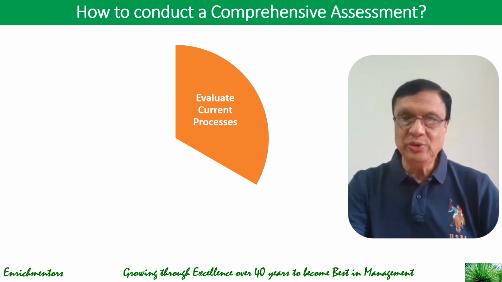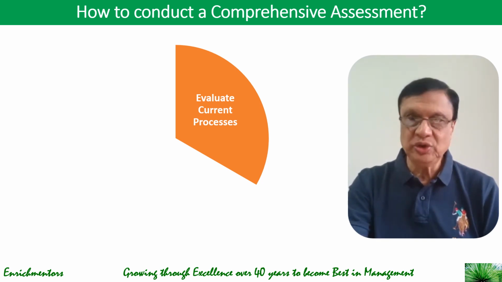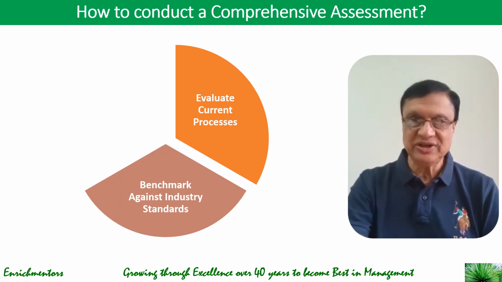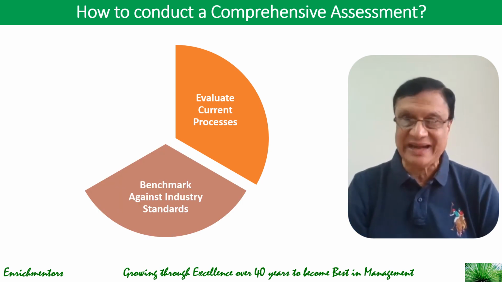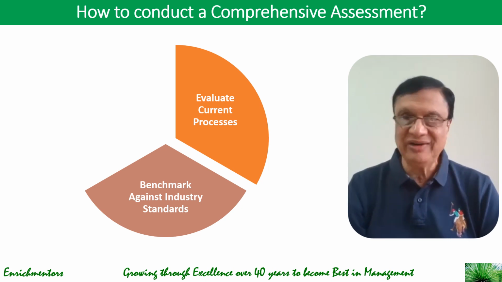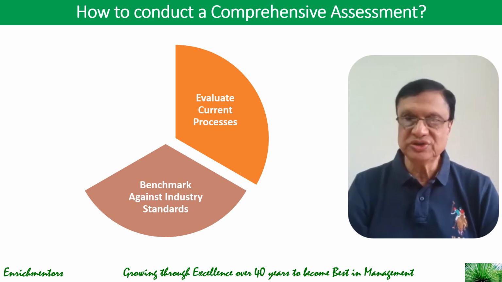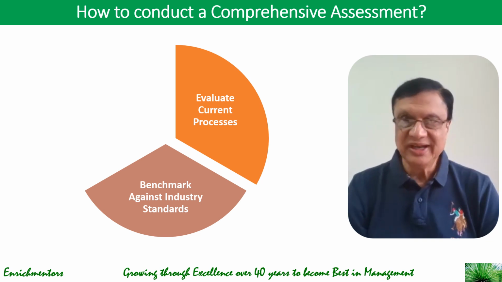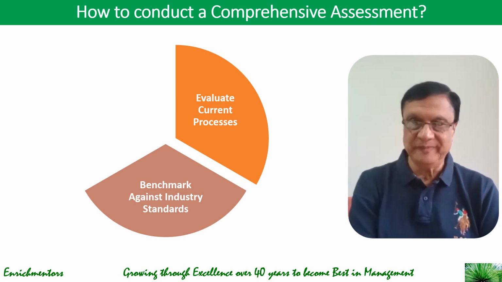Having evaluated the current processes, you then need to benchmark against industry practices and standards, comparing your KPIs such as days in accounts receivable, denial rates, and first pass resolution rates to industry benchmarks. This will help you set realistic targets for improvement.